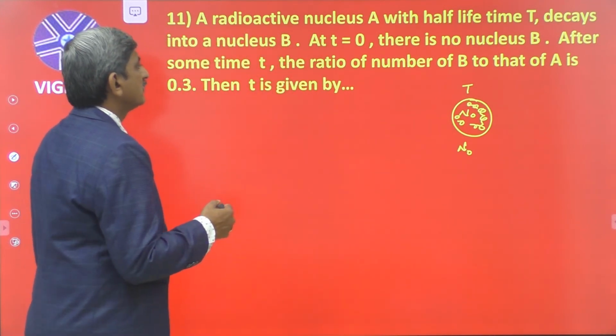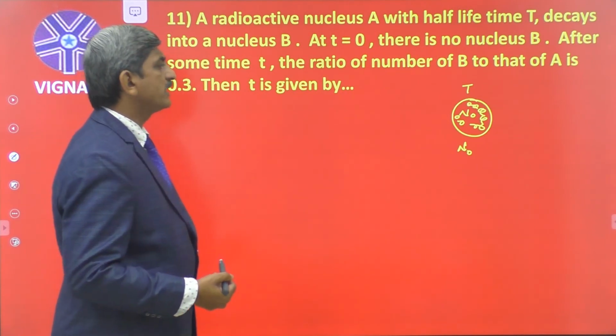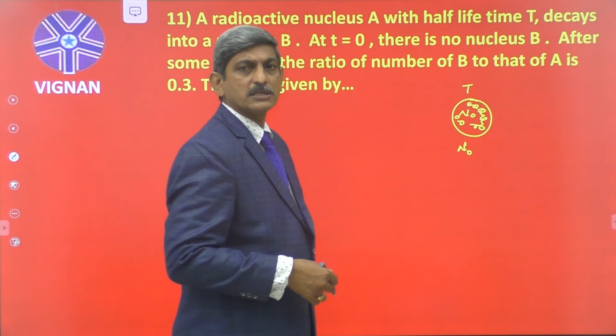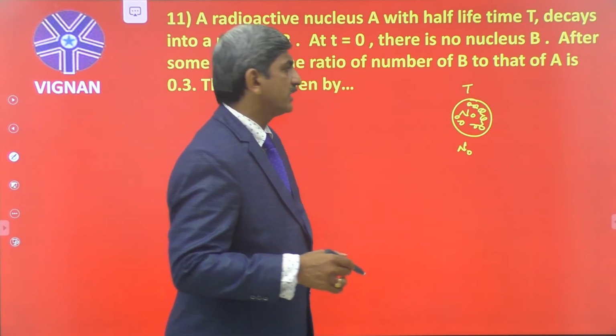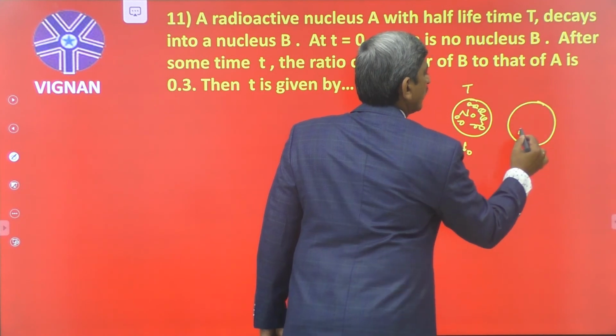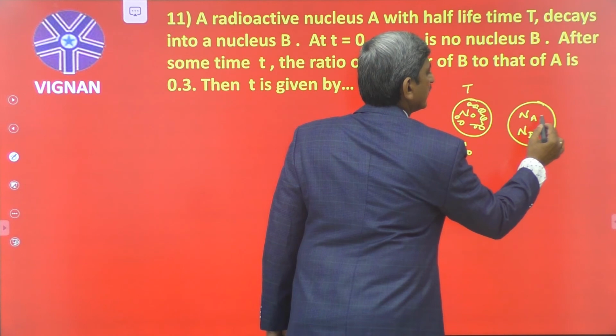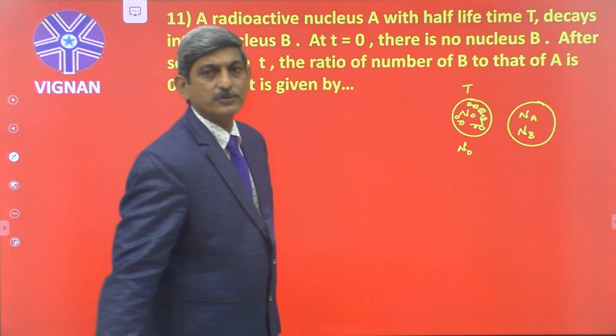After some time, the ratio of the number of B to that of A is 0.3. That means the decay process is going on, so that the daughter nuclei are present. Because of that, inside the substance there are some nuclei B and also some nuclei of element A which are the undecayed nuclei.